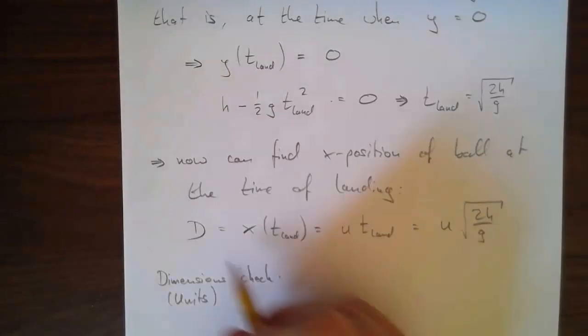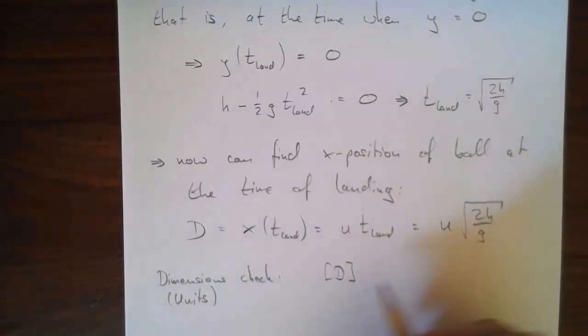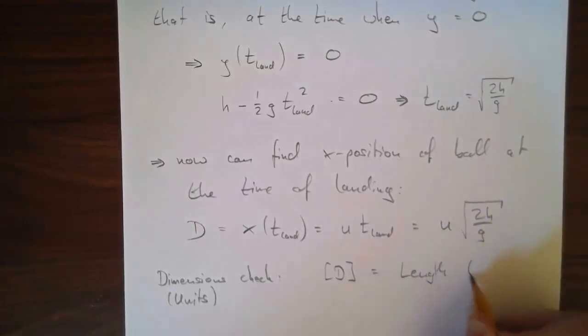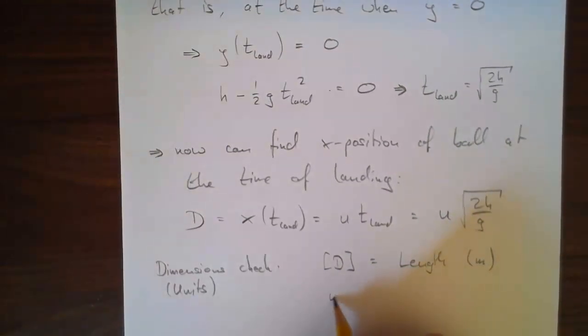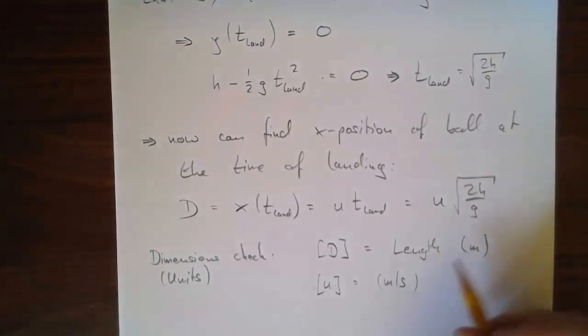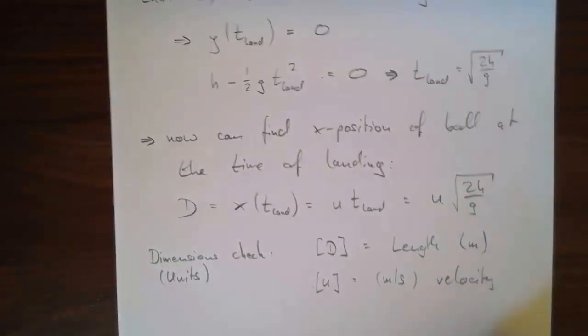So d, it's often written in square brackets, and you would just care about the units, is a length. So it might be in meters. Whereas the right-hand side, well, u is in meters per second. It's a velocity. I guess I'm being a bit inconsistent here. Written down the other way, doesn't matter.